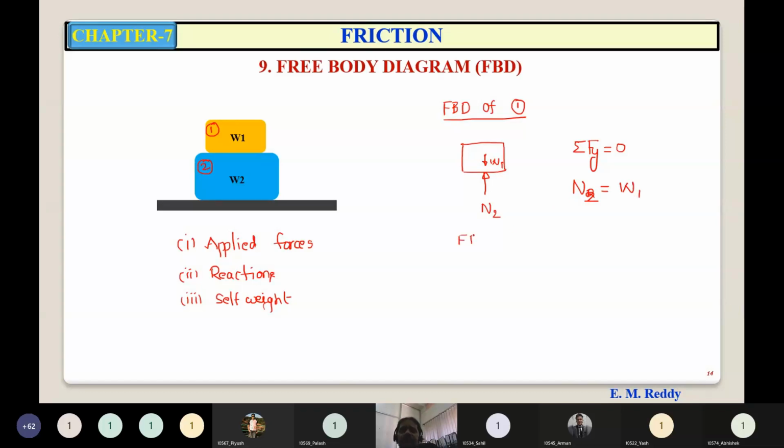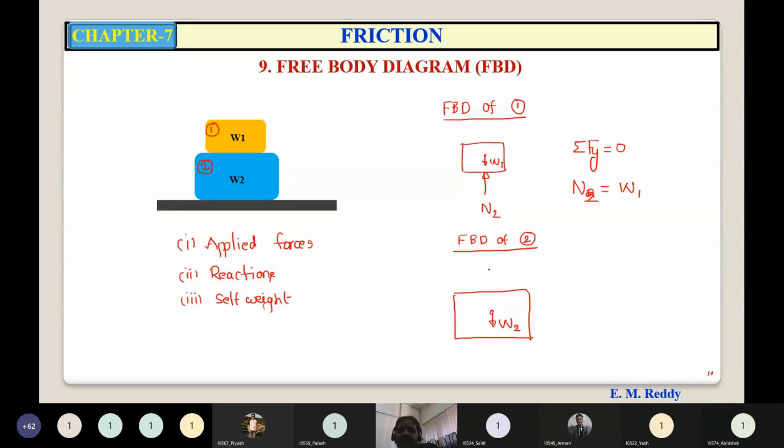Now when you draw free body diagram of body 2, this body 2 is to be removed from the system. Body 2 is having contact with body 1 as well as the ground surface. Am I right? And both of these contacts are acting as simple supports. So when you draw free body diagram of body 2, self weight of the body, say W2, there is no externally applied force.